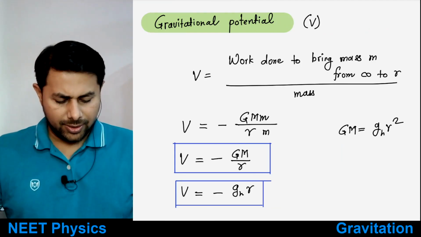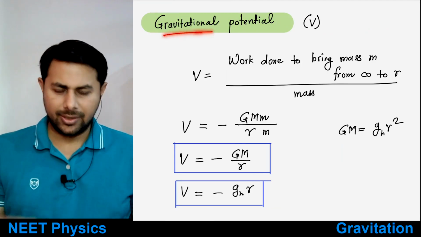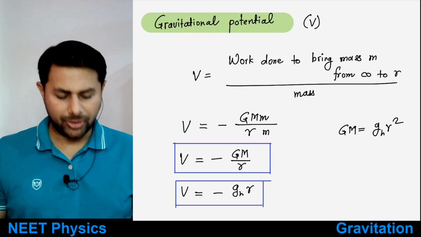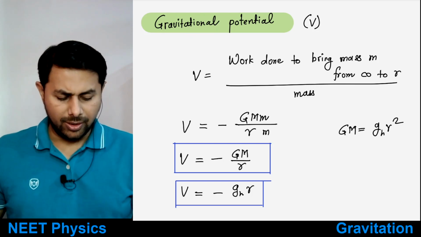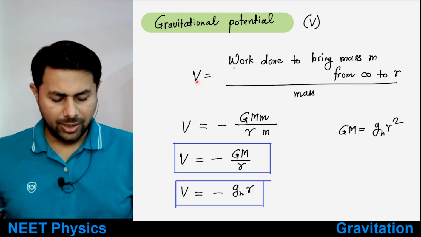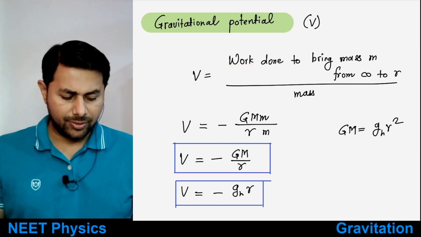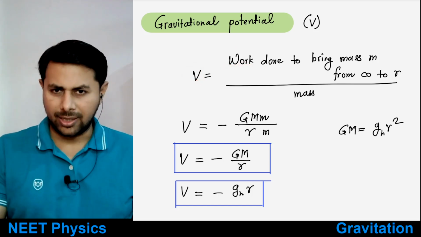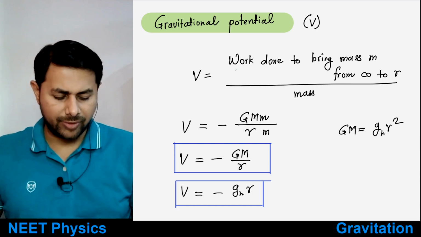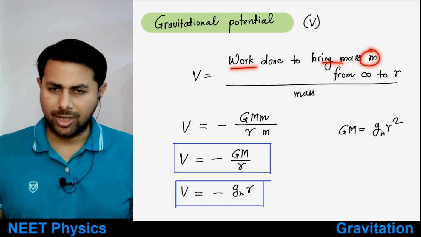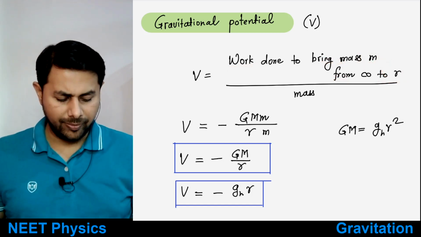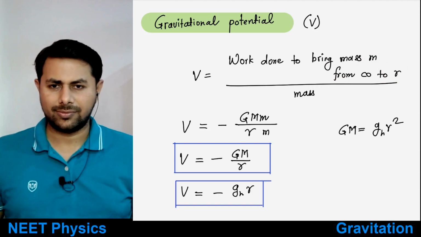Alright. So then we define a term called gravitational potential. We discussed gravitational potential energy, and related to that there is a term called gravitational potential. So it is work done to bring a mass from infinity to r. What is gravitational potential at any position in space? It is work done to bring a mass small m, let's say, from infinity to that position, divided by the mass.